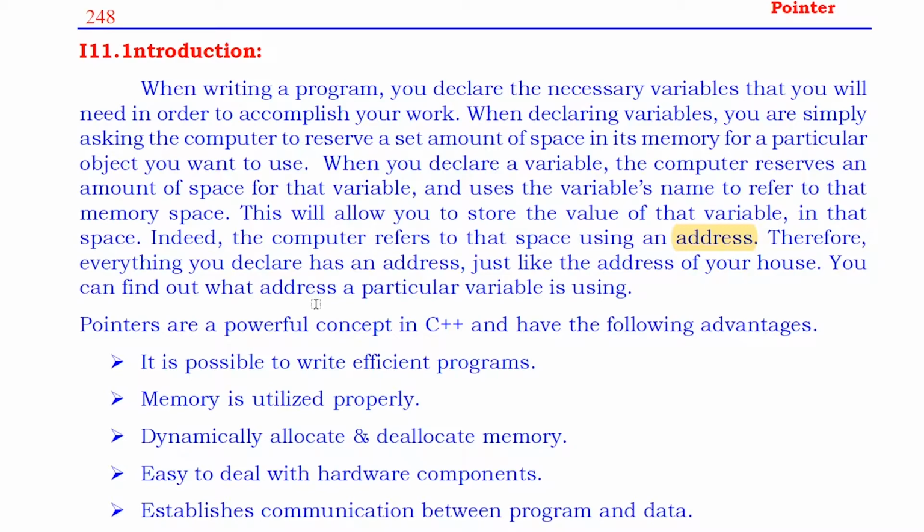Every human being is identified by some name, and when you search for a particular person or a particular house, it has some address. Using the address we are able to reach it and perform any operations.